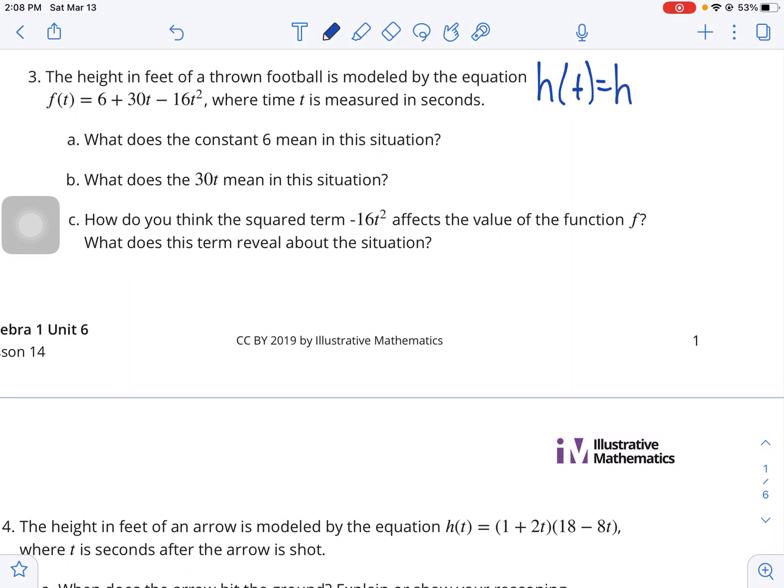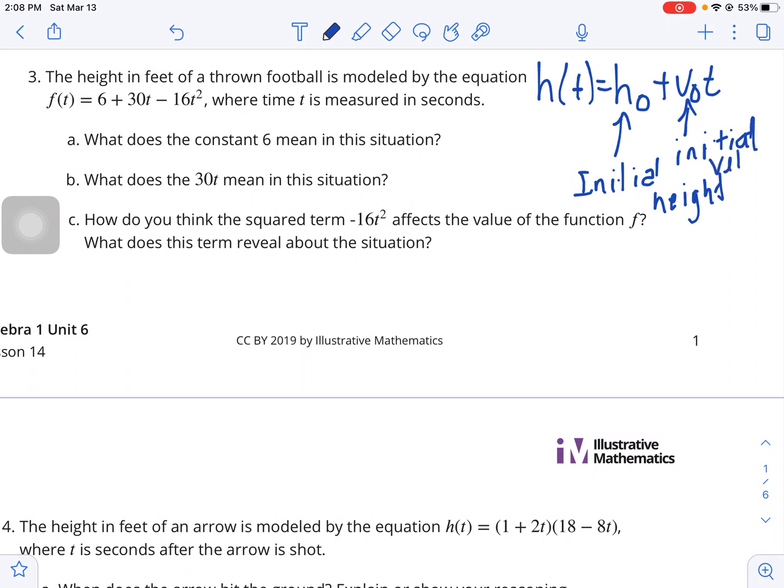So h of t is h sub 0, that's the initial height, plus v sub 0 times t, that's the initial velocity, or speed.